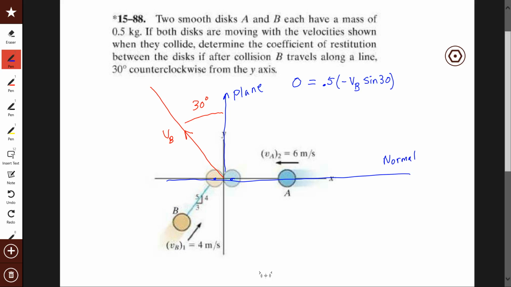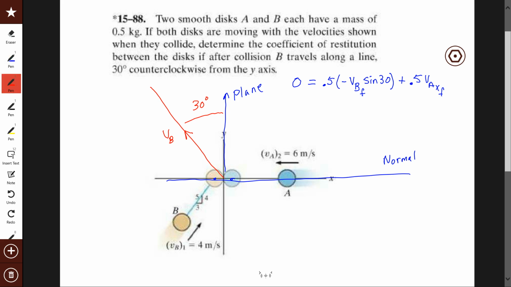After the collision, A, I don't know what it's doing, but in the normal direction, I think he bounces back to the right, so that would be a positive 0.5 times the velocity of A in the x direction, final. Maybe I should put an F on this VB to say that's final.